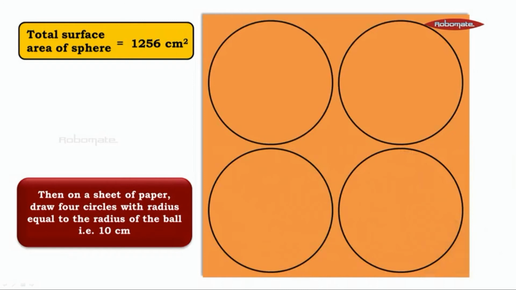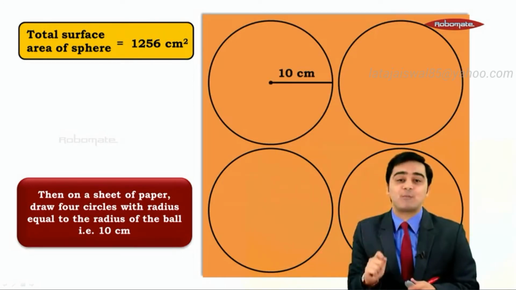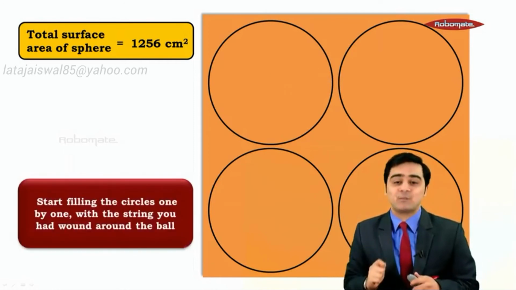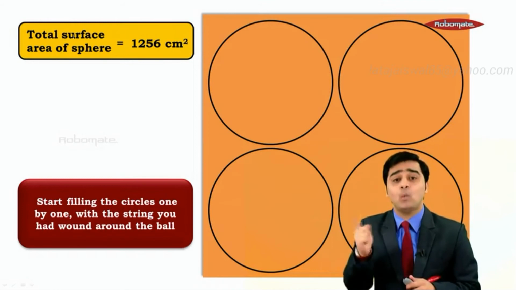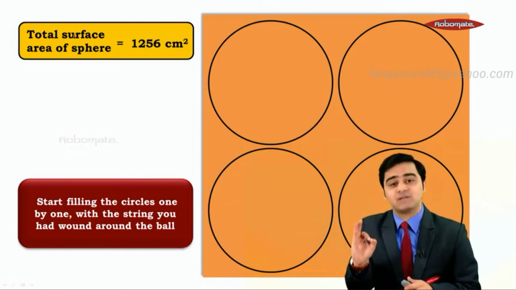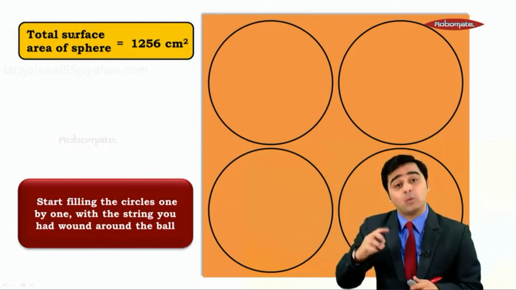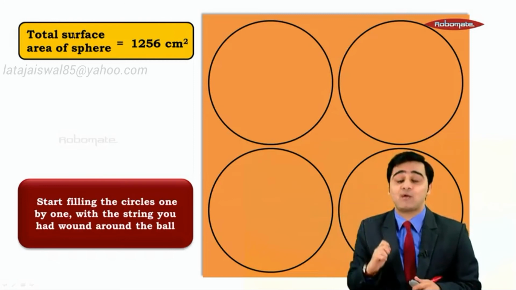We know here the radius of the circle is equal to the radius of the ball and it is equal to 10 centimeter. What next we are supposed to do is, we will now start filling these circles one by one with the help of the string we had wound around that metallic ball.